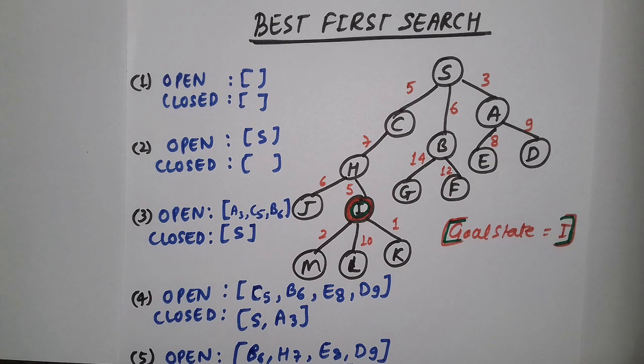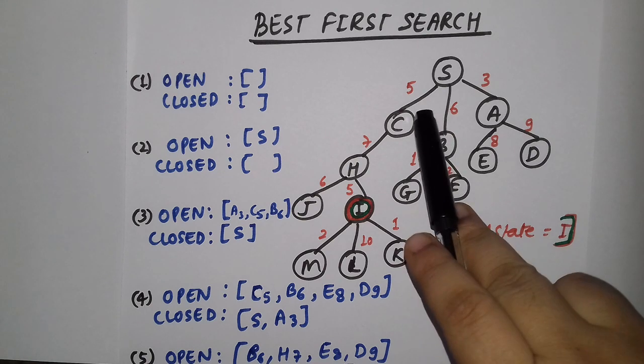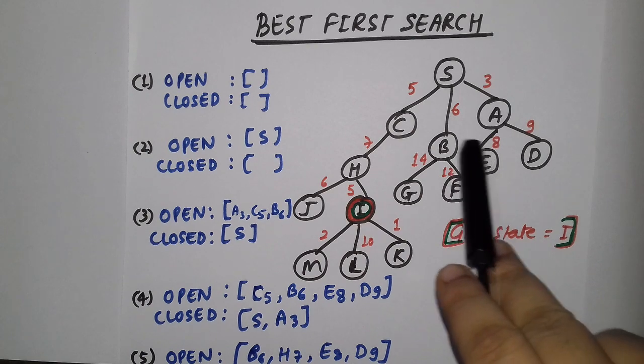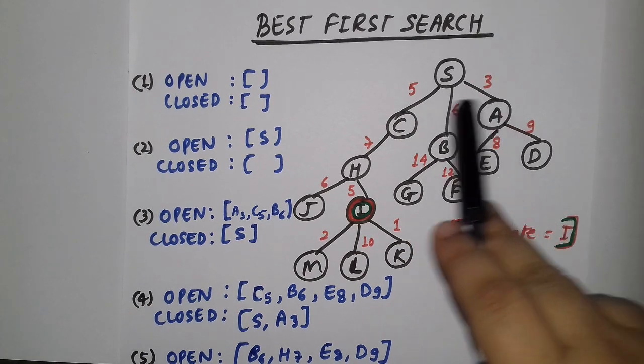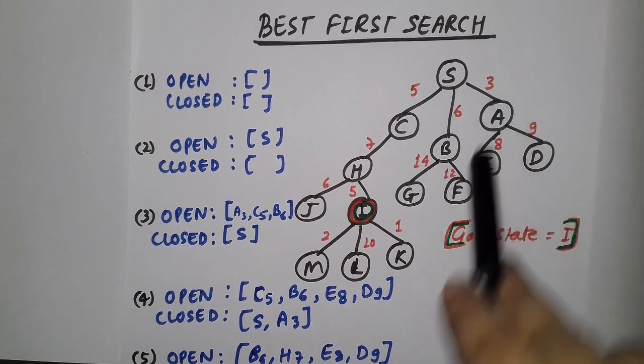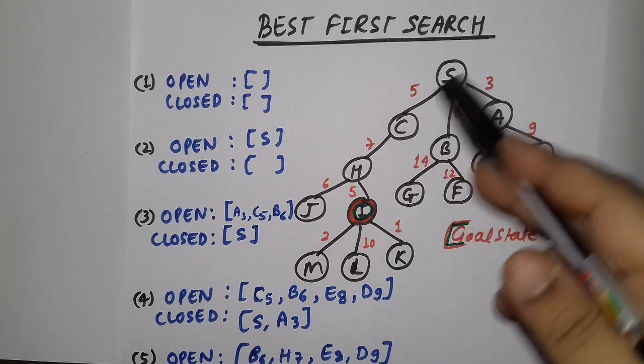I just want to tell a special case that in best first search, we use heuristic values. The numbers in red color are the heuristic values of these vertices.